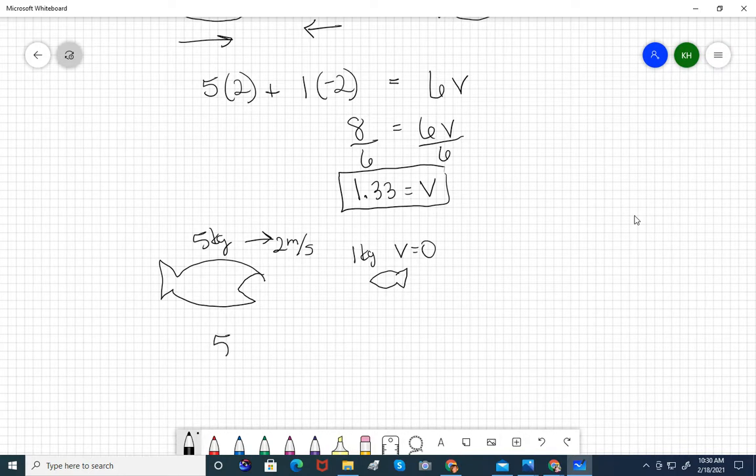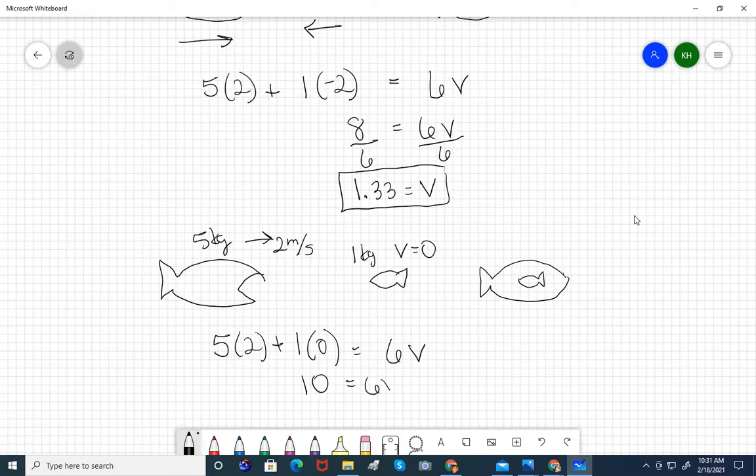So that's going to be 5 times 2 plus 1 times 0. Afterwards, still we got the same situation. Here's the after. I now have a fish that weighs 6 kilograms because the 5 kilogram fish ate a 1 kilogram fish. And it's going some unknown velocity. This is 10 equals 6v.